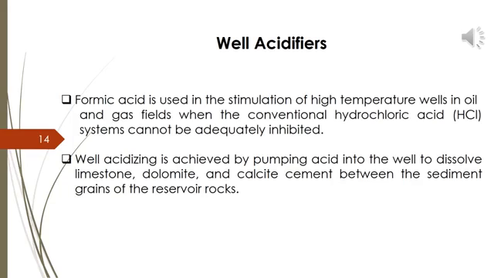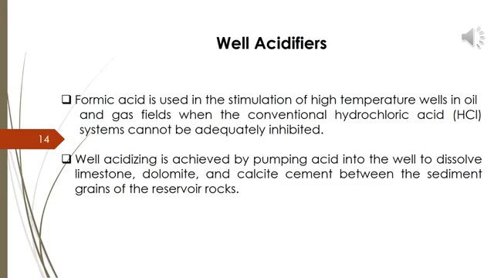Well acidification is done by pumping the acid into the well for dissolving limestone or dolomite or calcite cement, which is present between the sediment grains of the reservoir rocks.